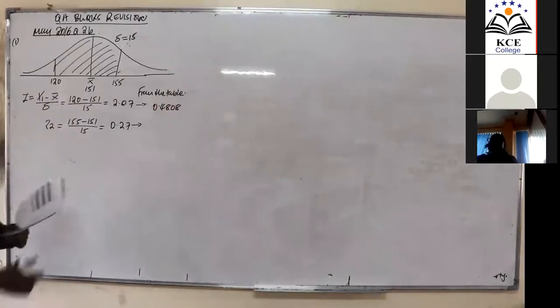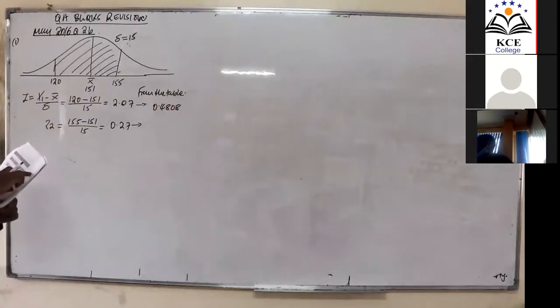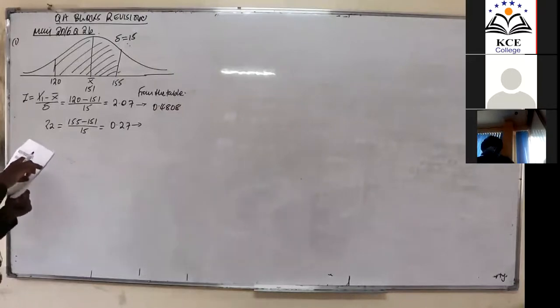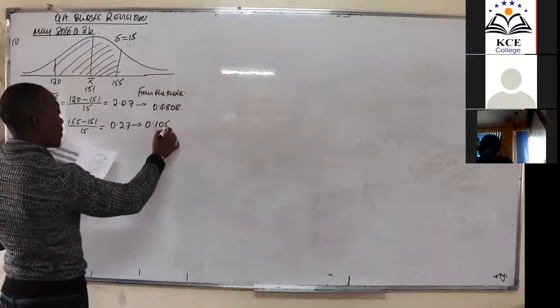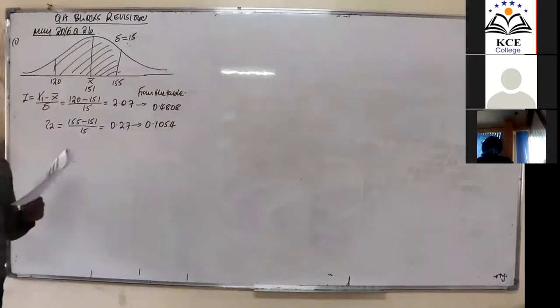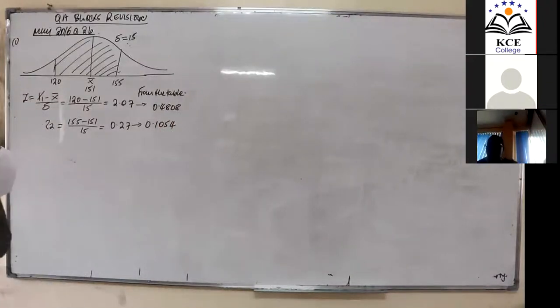What about 0.27? 0.27 gives 0.10554. Good.